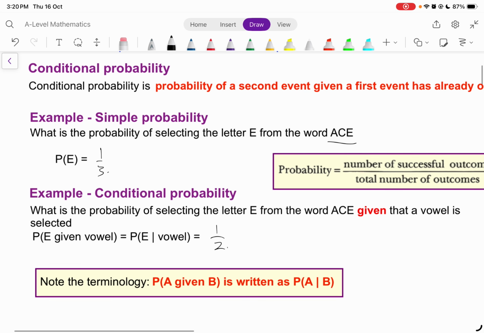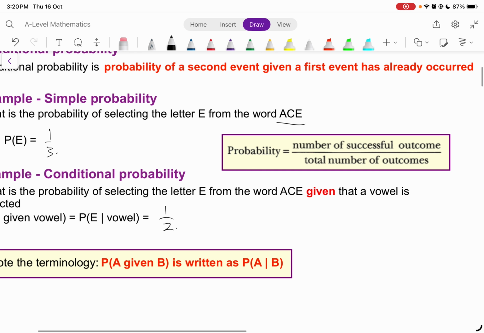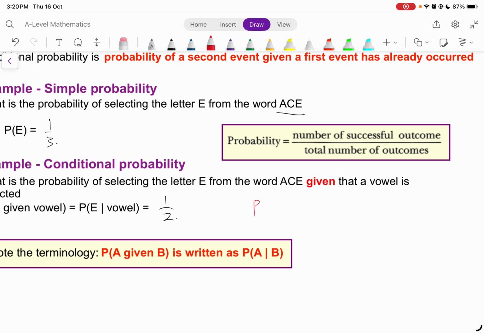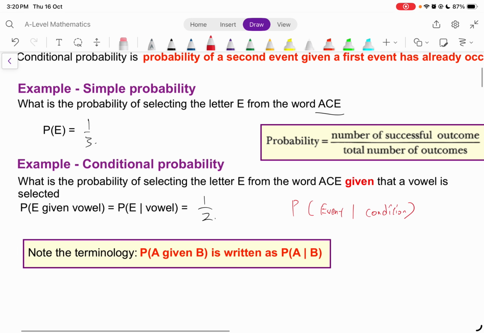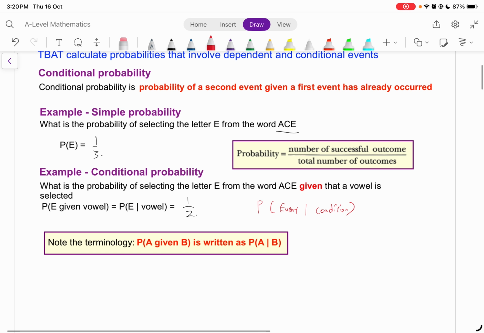So 这个 given 我们是讲着我们通常就是讲 probability of the event we want, and then what is the condition. So the condition is actually after. So this is the most confusing part. Okay 所以 when we write conditional probability 我们是 event that we want 然后一个 dash 一个 straight line, what is the condition.